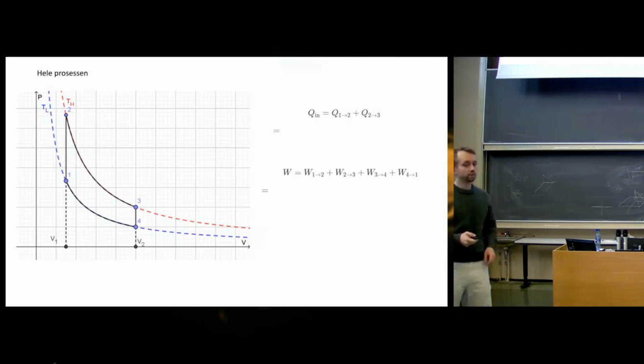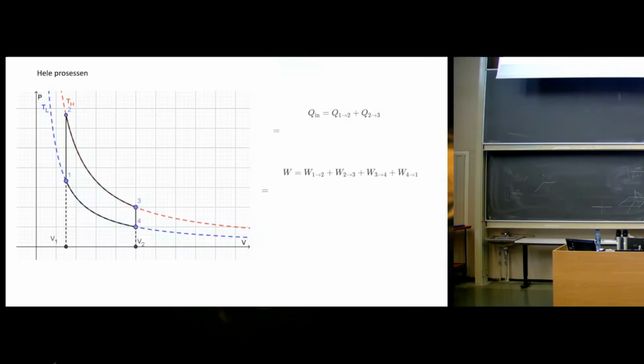To do that, we need to look at the situations where we were adding heat to the system. Those were 1 to 2 and 2 to 3. At 3 to 4 and 4 to 1, the system was giving off heat to the environment, which is why they're not included, because we're only interested in how much work we are getting from the amount of heat that we're putting in.